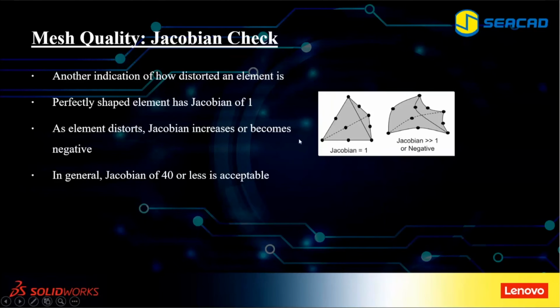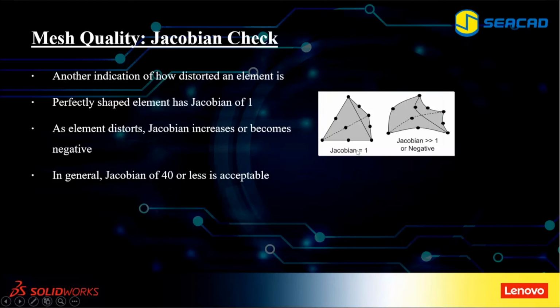Okay. So what is the critical value of the Jacobian value? Usually, in general, a Jacobian of 40 or less is acceptable. Of course, the perfect value is 1. And then as the element distorts, the Jacobian increases or becomes negative.